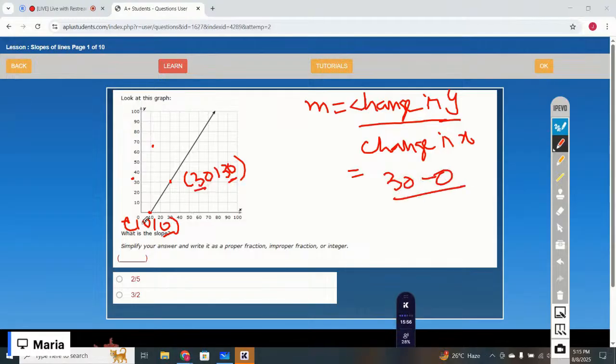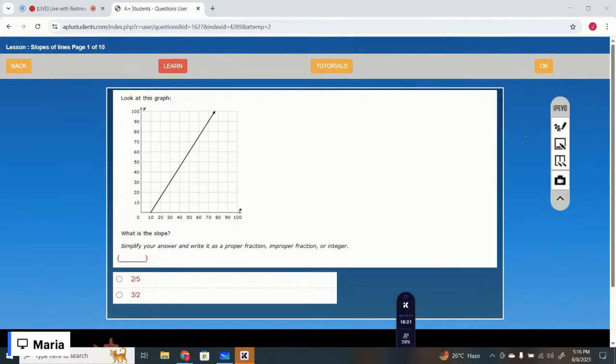And these are the x coordinates, 30 minus 10. So 30 minus 10 is 20. That equals 3 by 2. So the slope is 3 by 2. Option number 2 is the correct option.